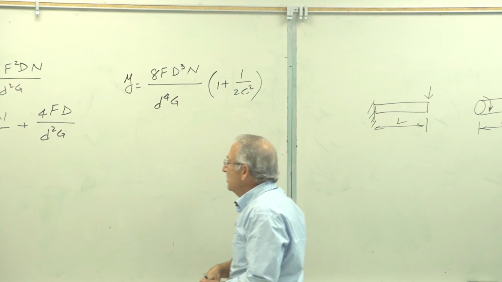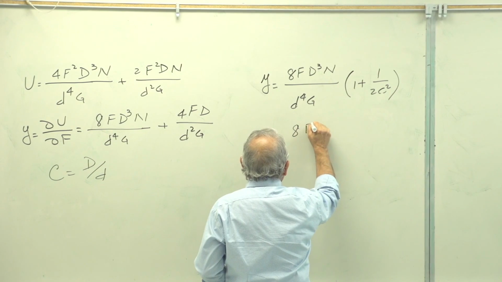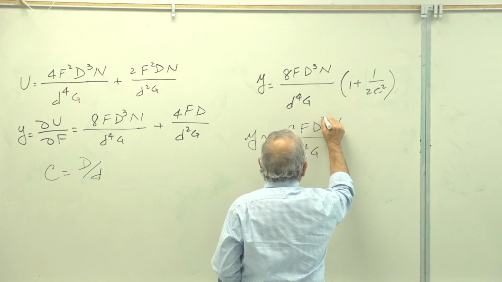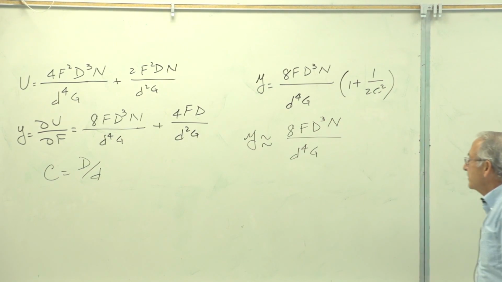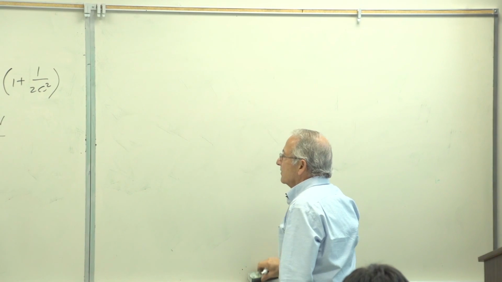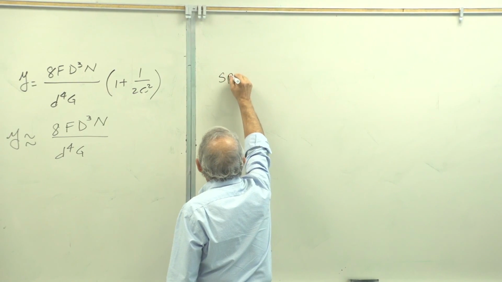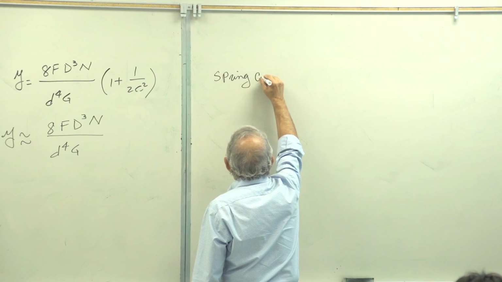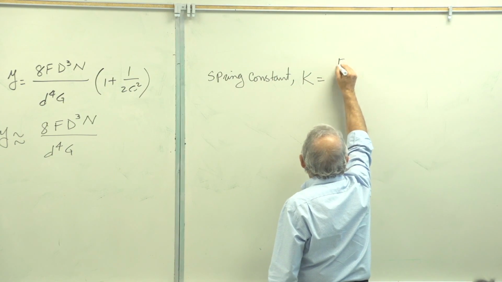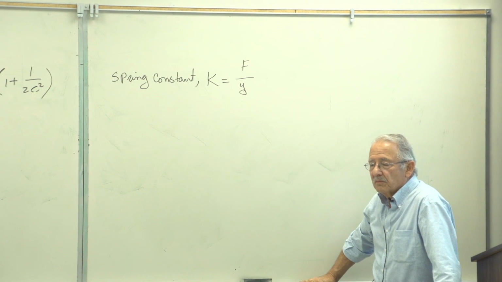So as an approximation, say y is approximately equal to 8 F D cubed N divided by d to the fourth G. And as you know, we define spring constant k equal to F divided by y, load divided by deflection.